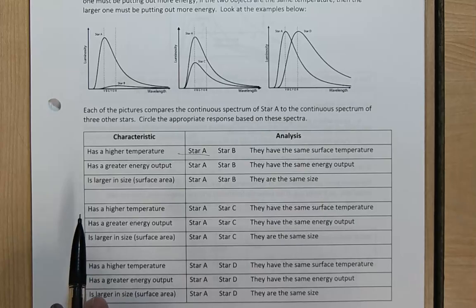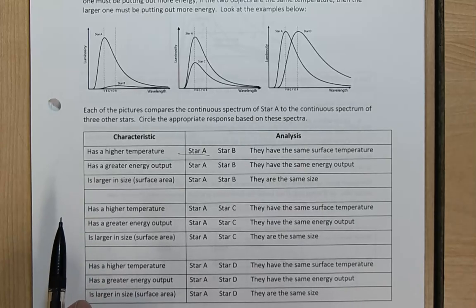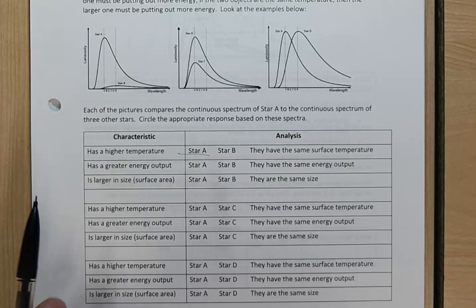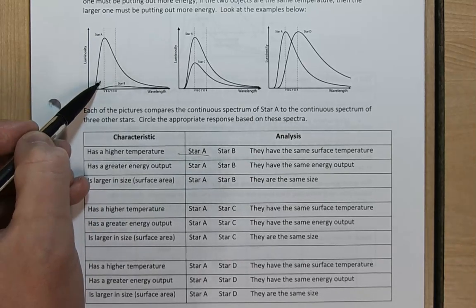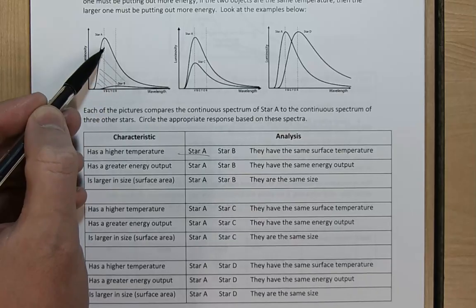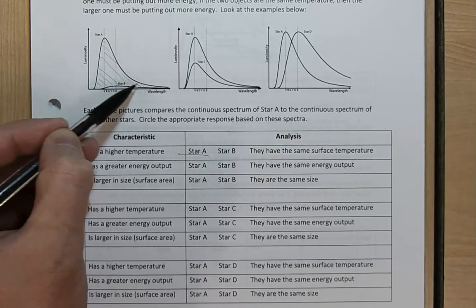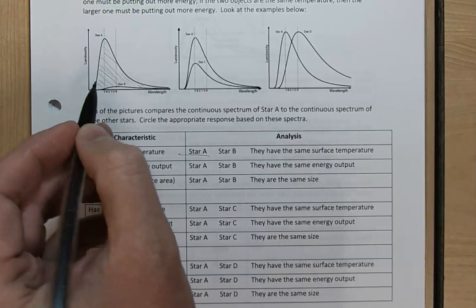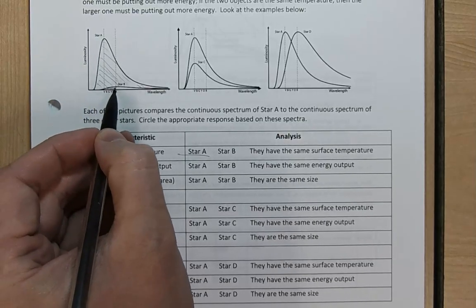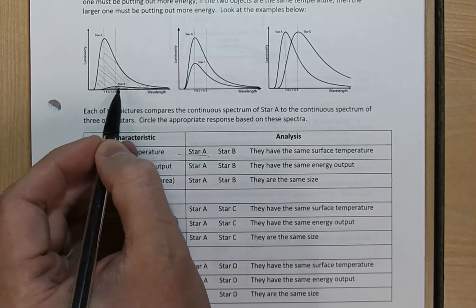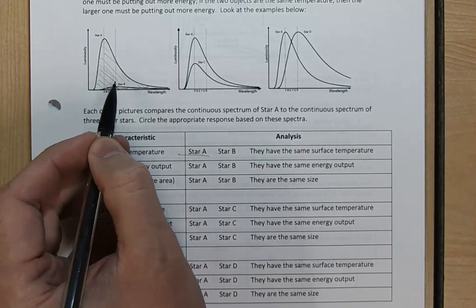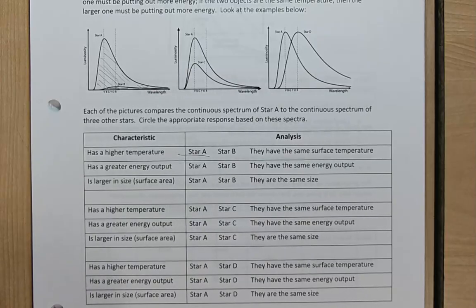Well, remember, energy output of a star is another way of saying luminosity, right? So the luminosity of star A is going to be the total area under the curve, right? This whole area, right? Whereas the luminosity for star B is just going to be that bit right there. So yeah, the luminosity of A must be a lot brighter than the luminosity of B.